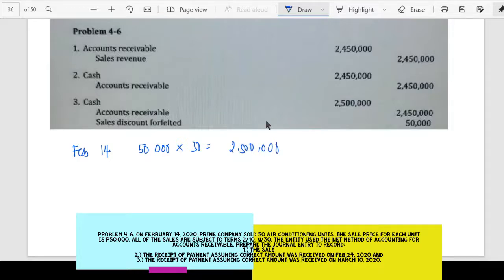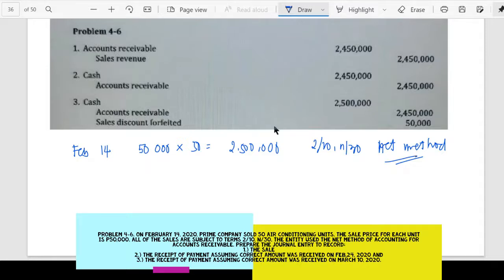All of these are subject to 2/10. By the way, ang 4-5 di ay uses gross method. And for this one, the terms is 2/10 and 30, but net method. Okay, remember, what is net method? Pag net method is minusan na daan og discount.